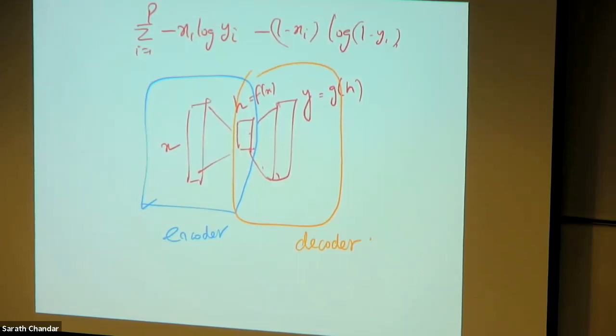Now, can somebody guess what would happen if the number of hidden units is more than the number of input features? Let's say I have 10 input features. My hidden size is 20. What could happen?